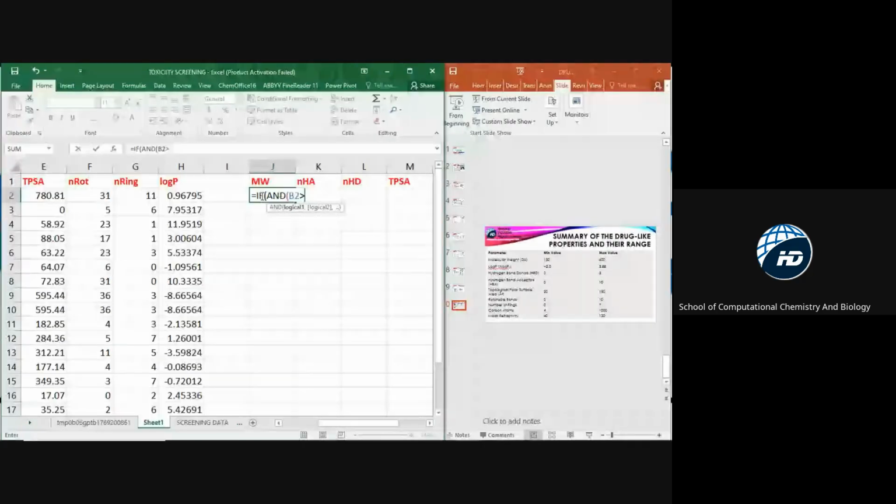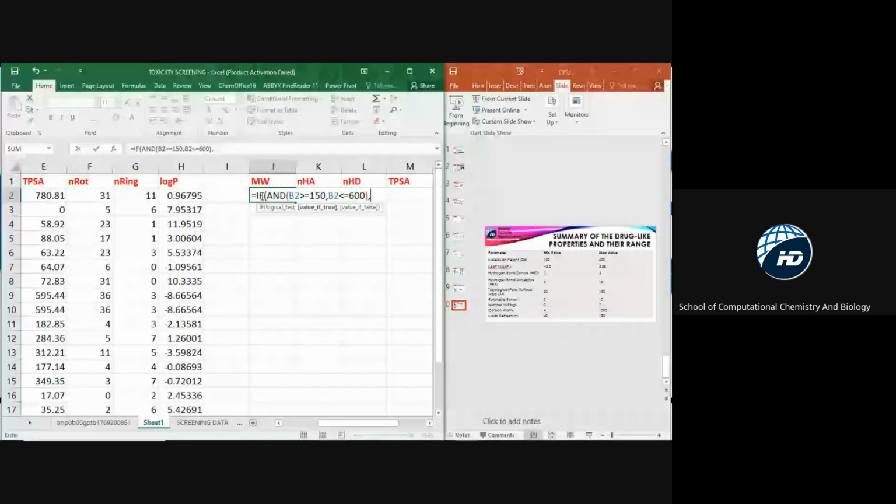That means it must be from 150 and above. So we'll say if B2 is greater than or equal to 150, comma. Also, if B2 is less than or equal to 600. So that is the range. If B2 is less than or equal to 600, you close the bracket, you say comma.